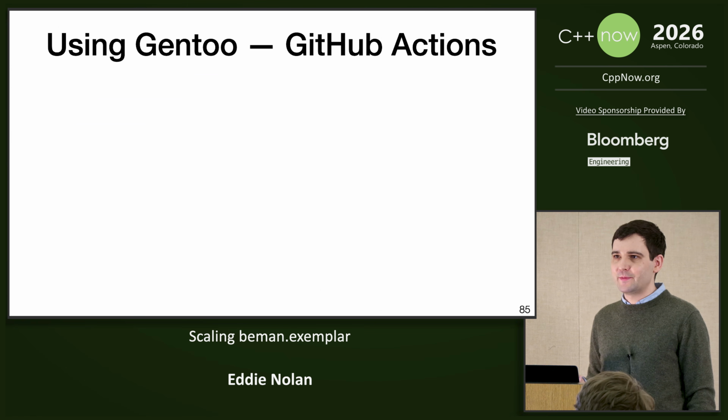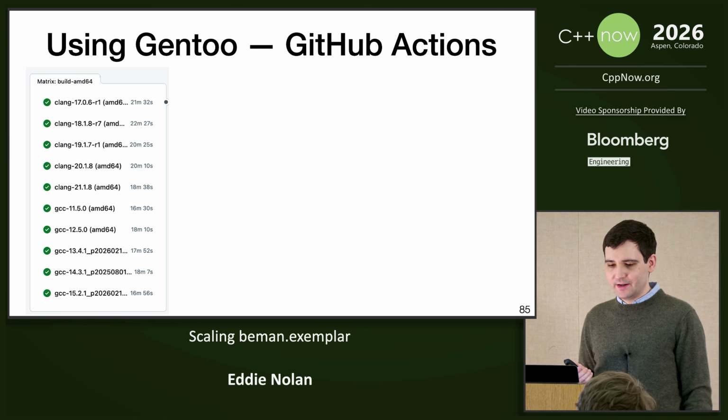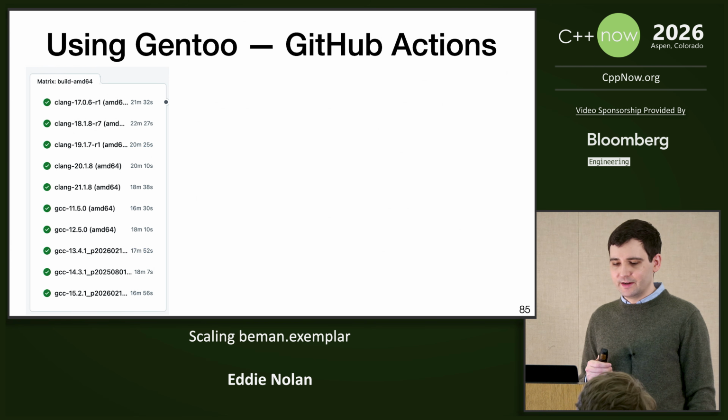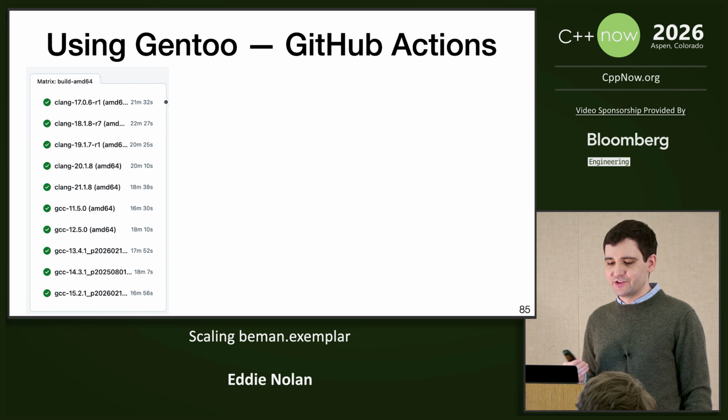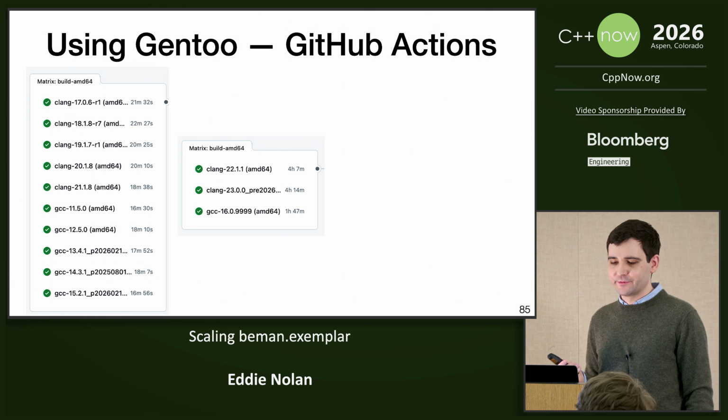We have GitHub Actions that build these Docker images. For the compiler versions that happen to be in the Gentoo package cache, we build the images in about 20 minutes. When we have to build from source, it's a lot costlier in terms of time. We're running into this problem where GitHub Actions limits you to 6-hour total builds, and it takes 4 hours for Clang to build.